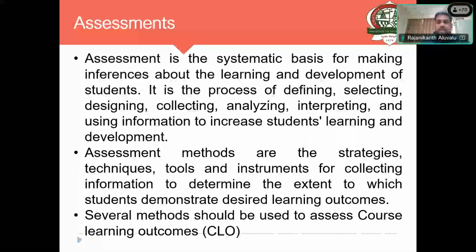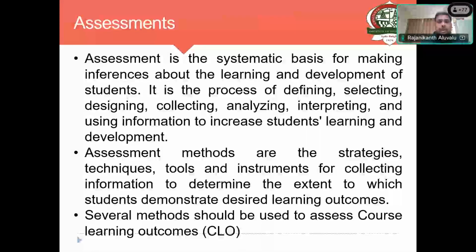As we are talking about outcome based education, here we need to map the assessments with the outcomes. We are going to plan the assessments such that we assess the course learning outcomes.